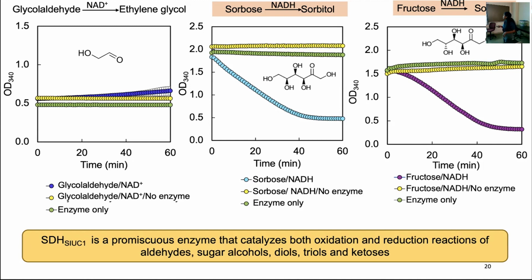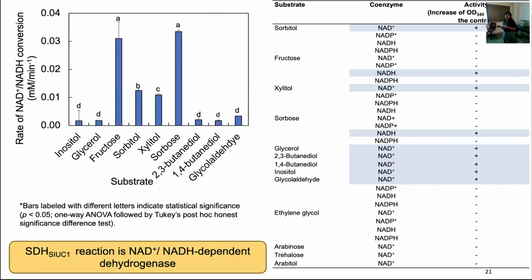And here we did the rate calculation for these conversions. We observed that higher rates were observed in fructose, sorbitol, xylitol, and sorbose conversion. This table indicates the cofactors and the substrates that reacted with the enzyme. According to this data, STH-SiUC1 is an NAD plus/NADH dependent enzyme.